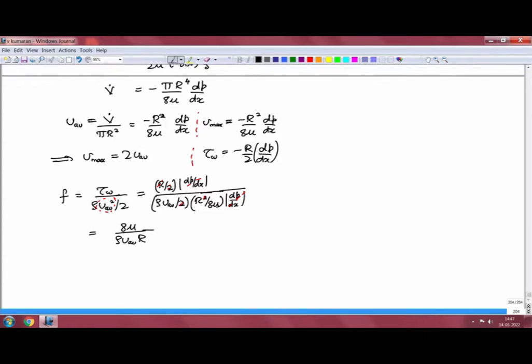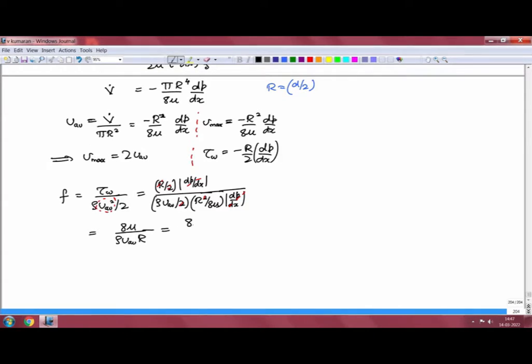And I substitute that the radius of the tube is equal to half the diameter, because the friction factor is usually expressed in terms of the diameter, not the radius.